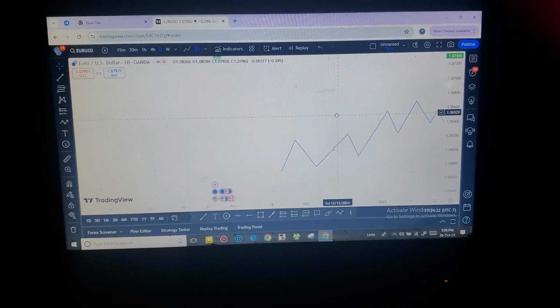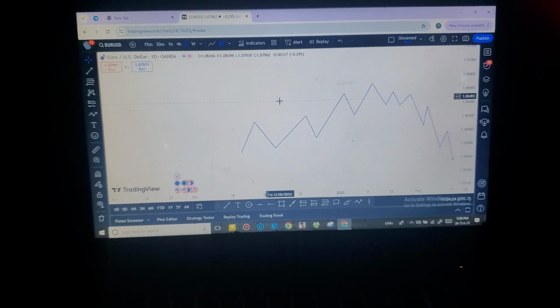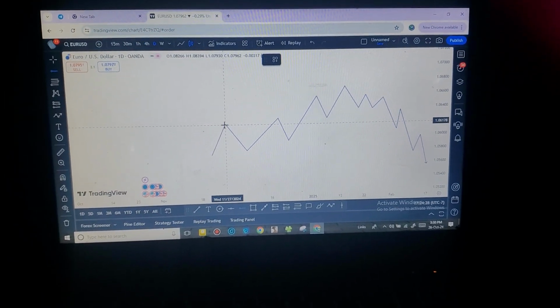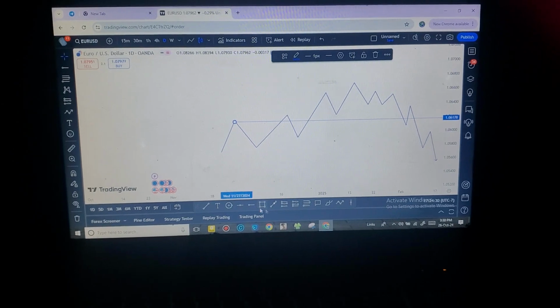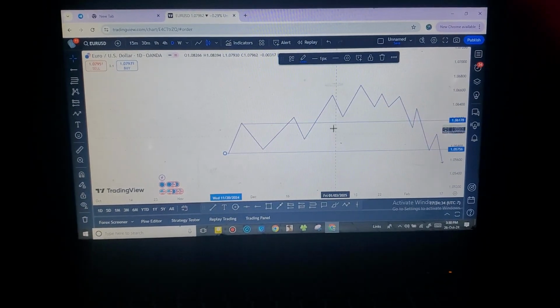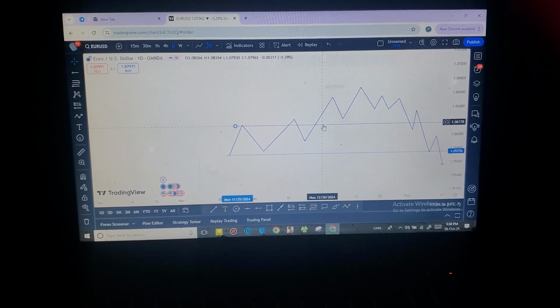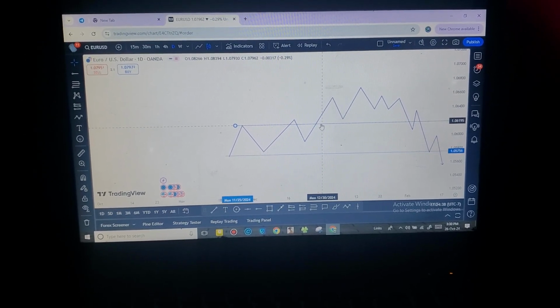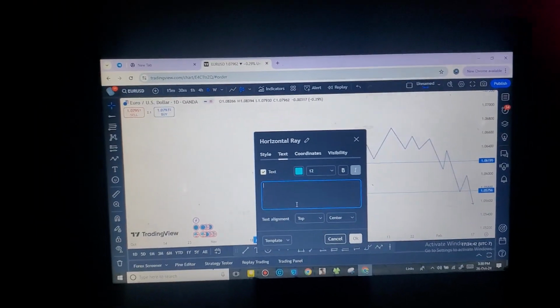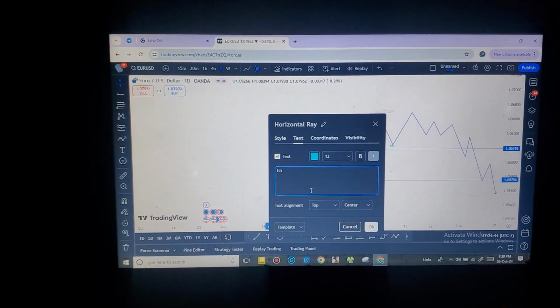If you look at our chart, let's say this is the higher high here and this is the lower high. Higher high.